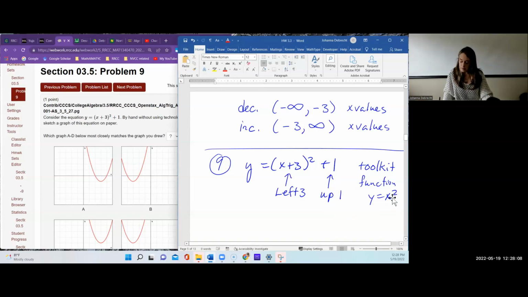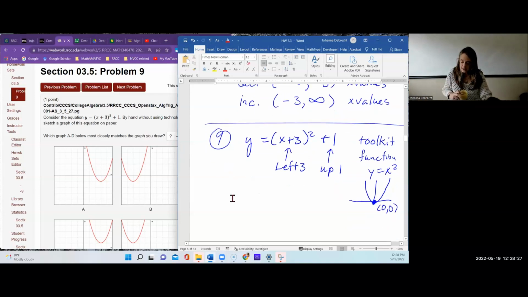So the main point of the parabola, which of course occurs here at the bottom, and that wasn't a very good graph, at 0, 0, got shifted left 3, up 1. Where would it end up? The point 0, 0 got transformed. It's not equal to the other point, but it changed and became -3, 1.